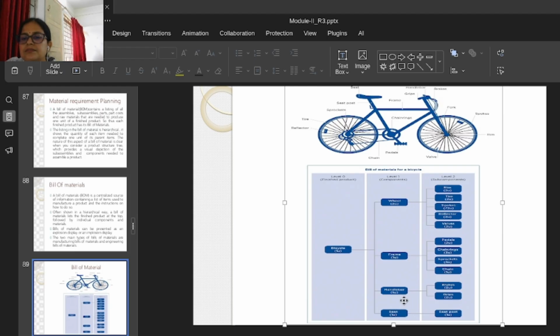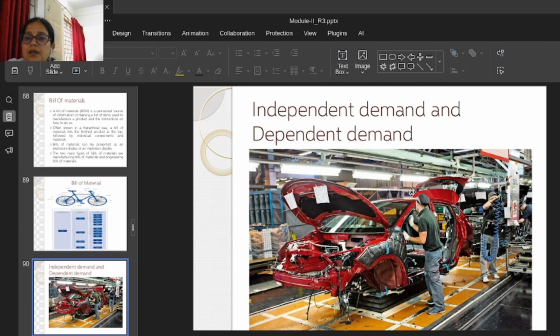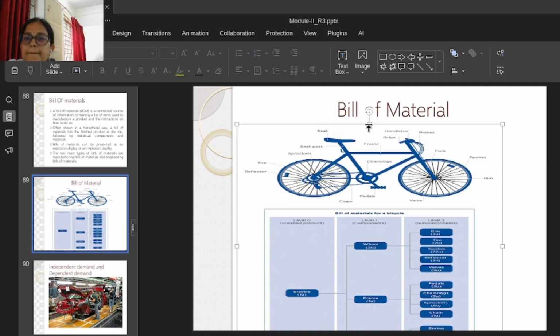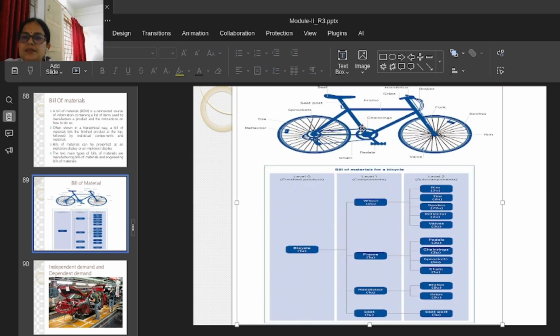So these are the parts we can say: the seat, the wheel, the pedal, the chain, valve.